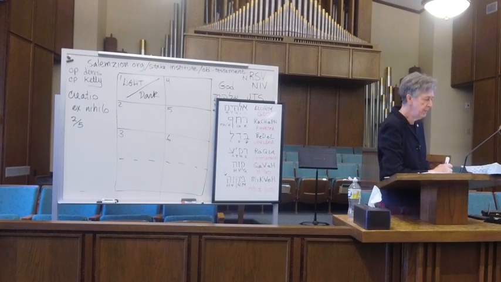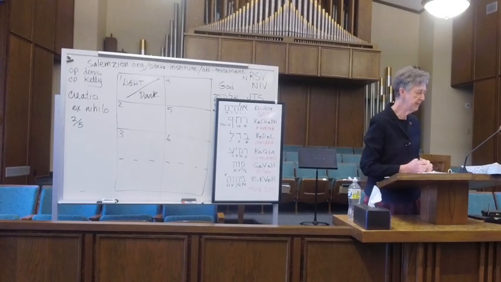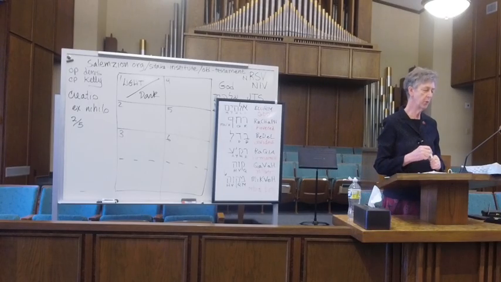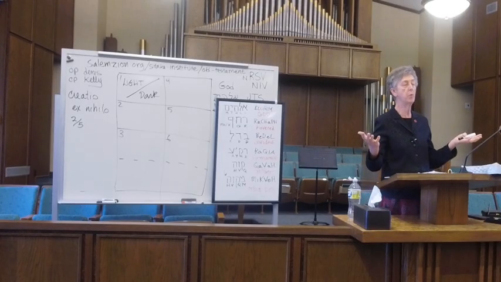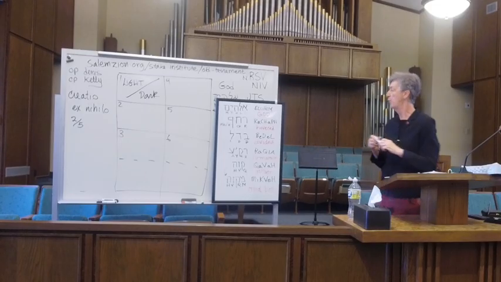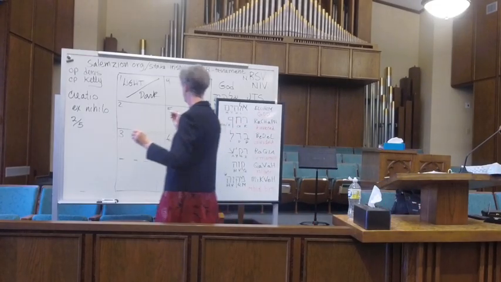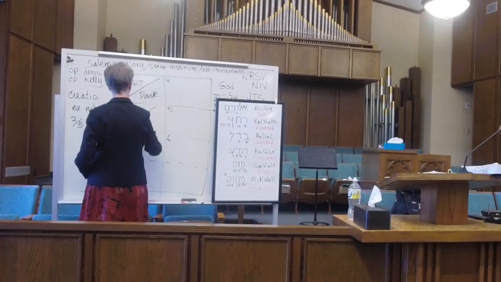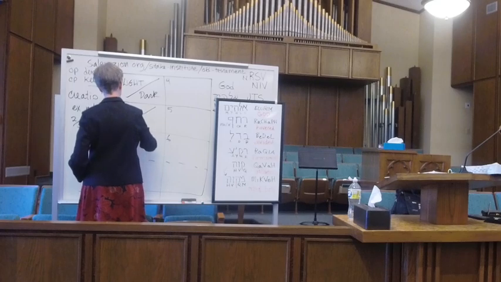But there we begin with day 2, where you see, let there be a firmament in the midst of the waters. Now, did he say, let there be water? No, because we already know it's already there. So we're going to put a firmament in the midst of the waters.